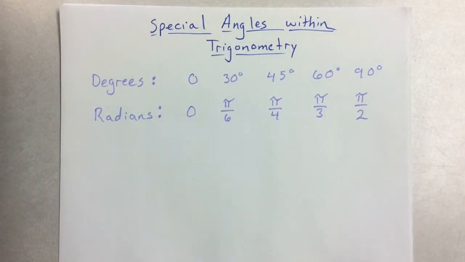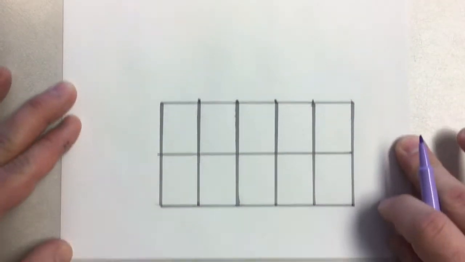I found there's actually a way to use a table to know the exact values of sine, cosine, and tangent of these. So, knowing these angle measures, here is how we can use a table to memorize their values.